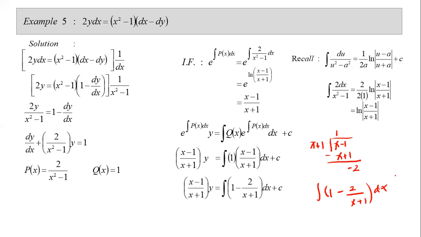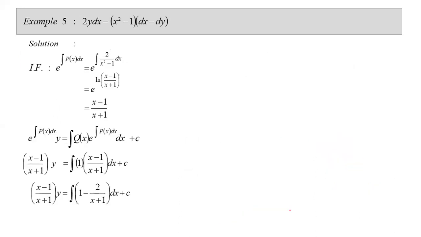Okay? And then you know that the integral of 1 dx is simply x. And you know that the integral of this part is negative 2 ln of x plus 1. So minus 2 ln of x plus 1. Okay? You shall have x minus 1 all over x plus 1 times y equals x minus 2 ln of x plus 1 plus c.